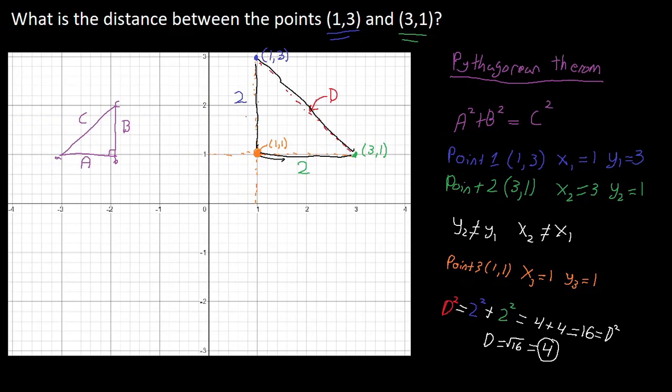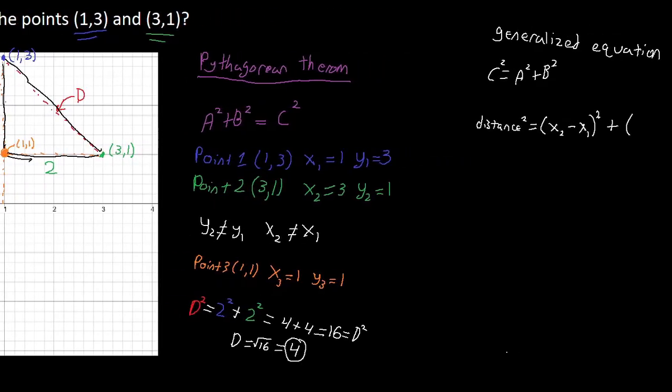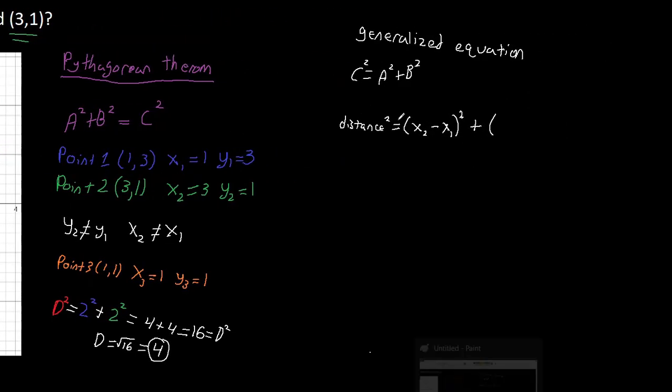In this case our b side was also 2. Because the y's are the same, this is the difference in the y's. So we can go back and substitute that in there: y2 minus y1 squared.